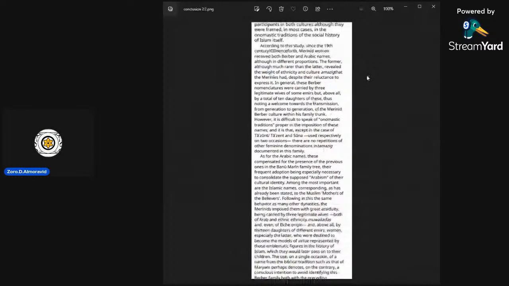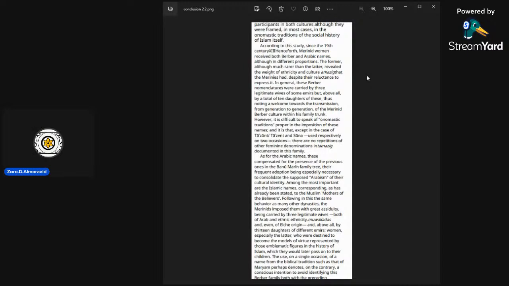According to this study, since the 19th century, Marinid women received both Berber and Arabic names, although in different proportions. The former, although much rarer than the latter, reveals the weight of ethnicity and culture that Amazigh culture had, carried by the Marinids, despite their reluctance to express it and, in fact, to erase it.